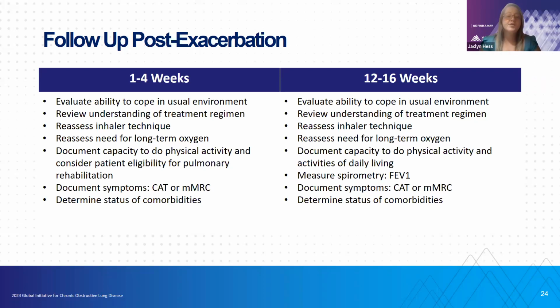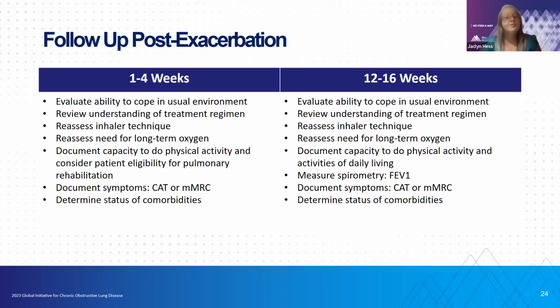We want to double check their treatment regimen to make sure that it's appropriate and that they're able to utilize their inhalers correctly. And then if patients were started on long-term oxygen or we had them utilizing their oxygen more routinely, we want to reassess whether or not they need to continue. At each point, we want to identify what their exercise capacity is and always consider a referral to pulmonary rehab if possible.